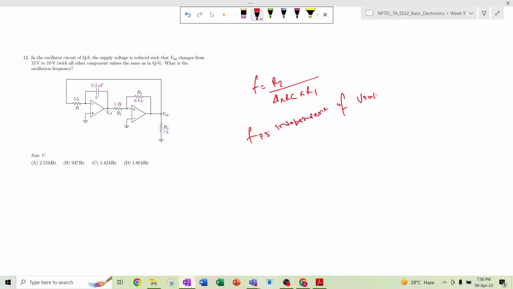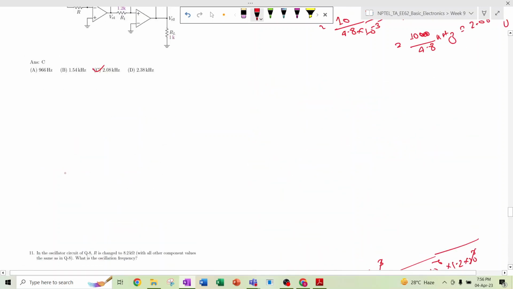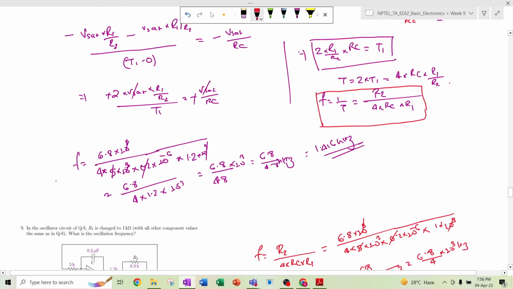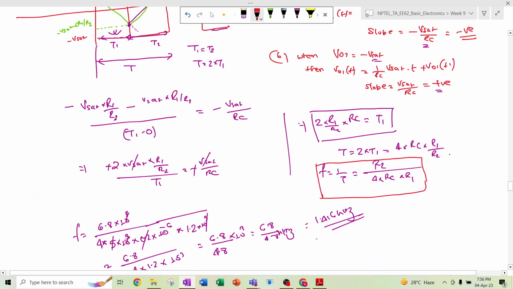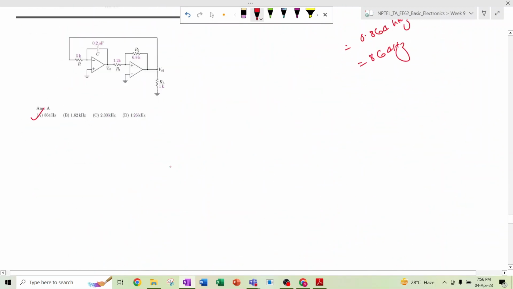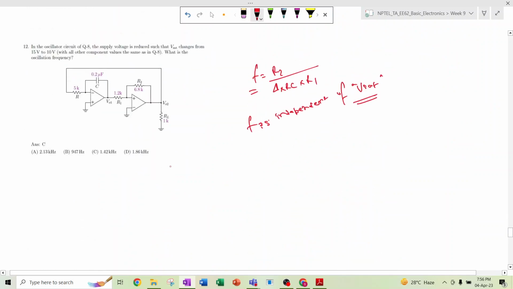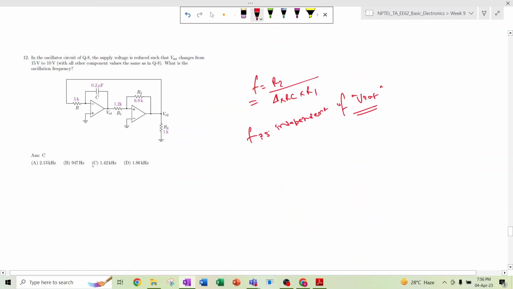There is no Vsat in this equation of frequency, right? So irrespective of the Vsat, the frequency will be the same. Whatever we obtained in question number 8, 1.416 kilohertz, the same thing applies here, 1.42 kilohertz. So this will be the correct answer.